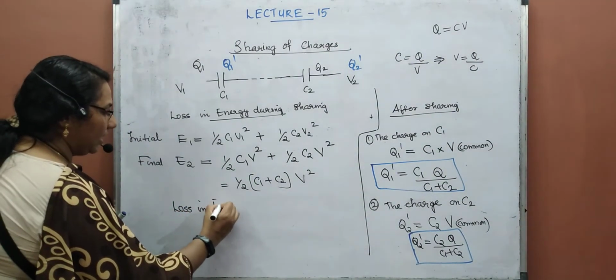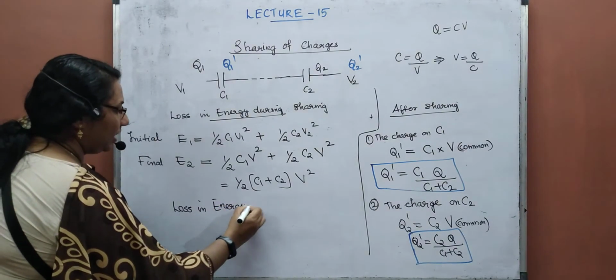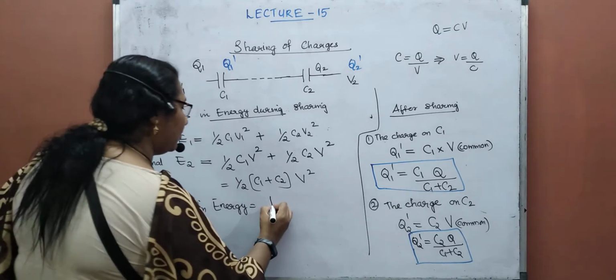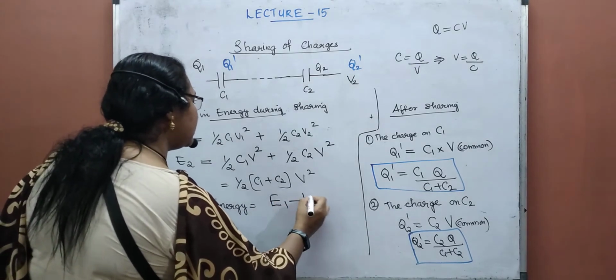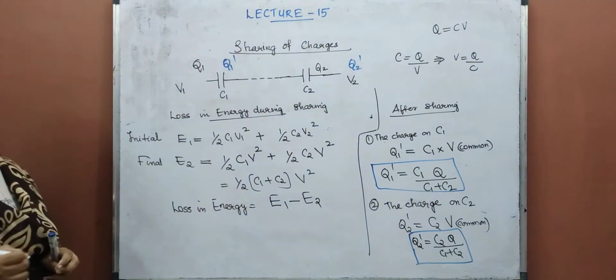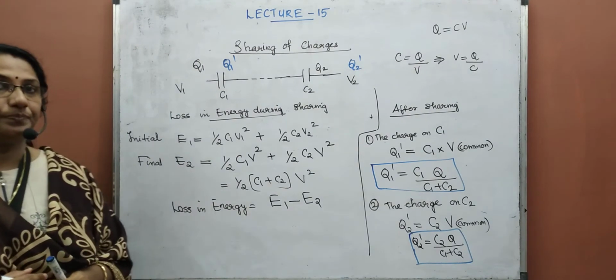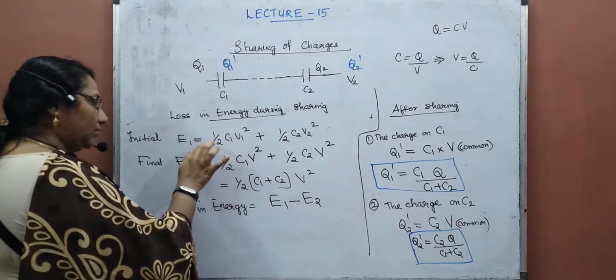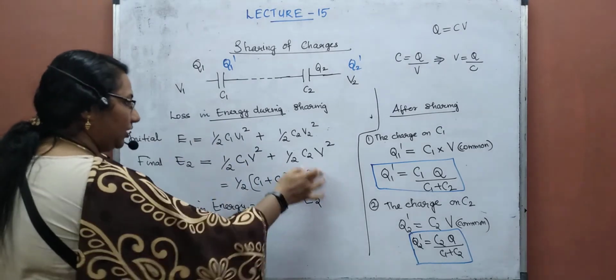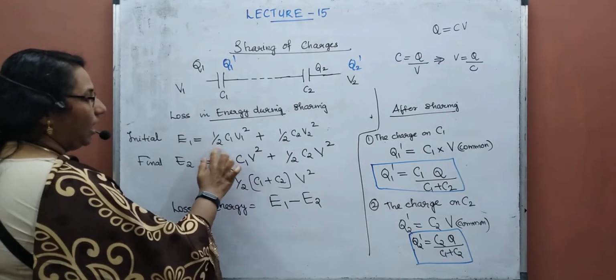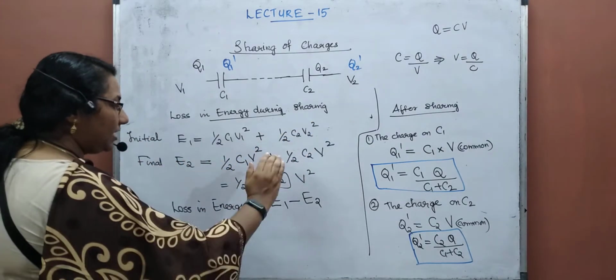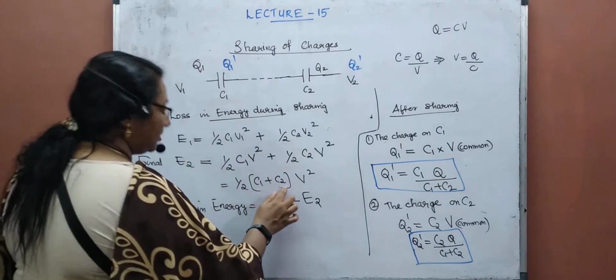The initial energy was high. When charge is shared, energy decreases. So we will write it as E1 minus E2, and you have to subtract E2 from E1. That is half C1 V1 square plus half C2 V2 square minus half C1 plus C2 into V square.